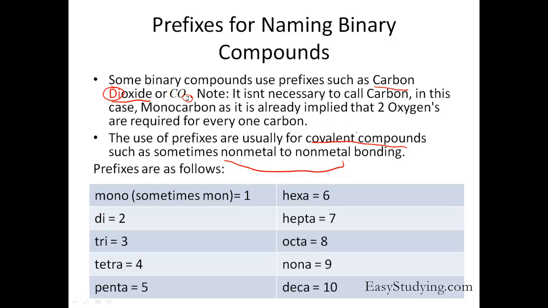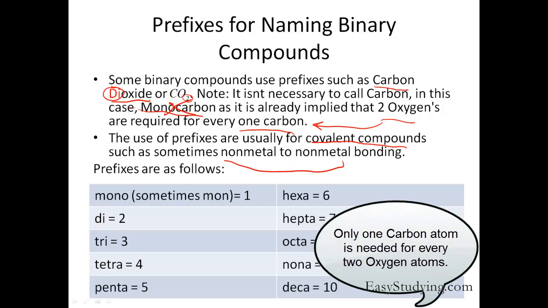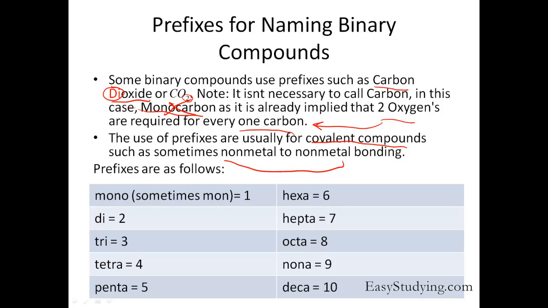No, we don't need to call carbon monocarbon. We don't need to do that, because it is already implied that for every 2 oxygens there is 1 carbon. So for every 2 oxygens, only 1 carbon is needed, and that is already implied by stating carbon dioxide, and so stating monocarbon dioxide is an incorrect form.